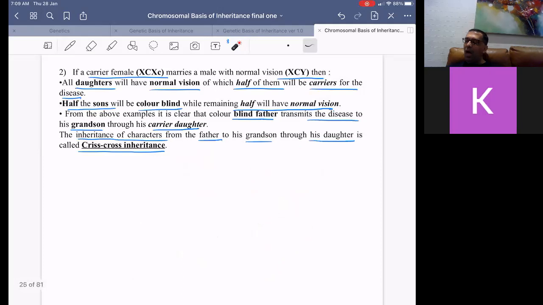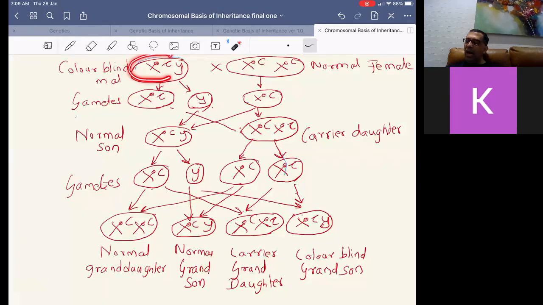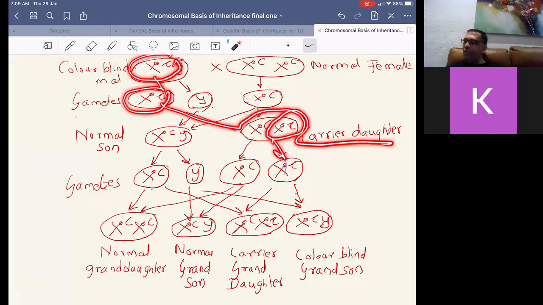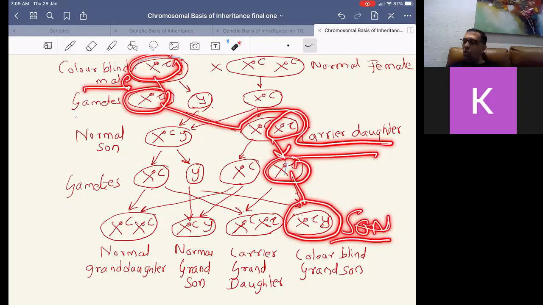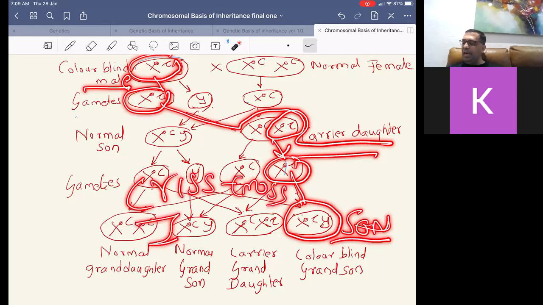X-linked diseases pass via colorblind male via gametes to the carrier daughters, and via carrier daughters via gamete to diseased sons. So it has gone from male via carrier daughter to the sons, and that is called crisscross inheritance.